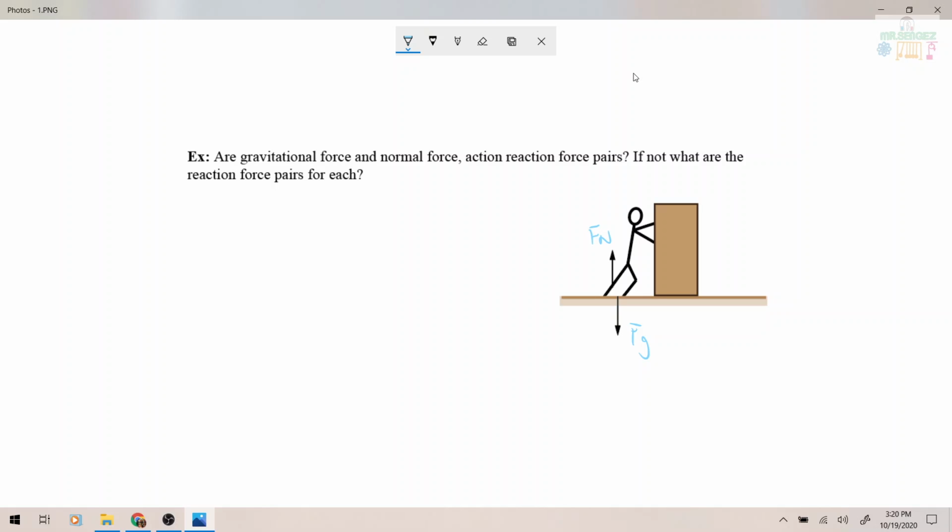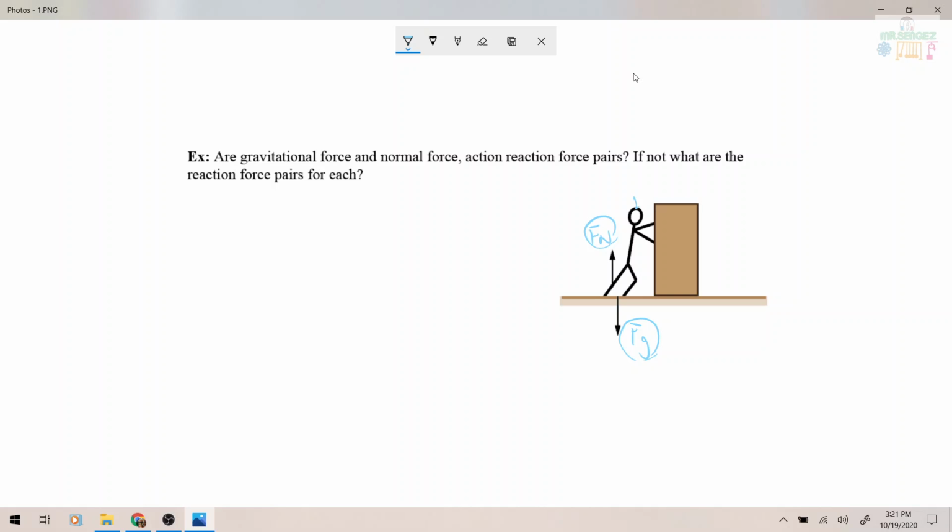We can say that they are not, because force pairs do not act on the same object. In this scenario, the normal force is acting on the person and gravity is also acting on the person, but the rule says action-reaction pairs must act on two different objects. Since they both act on the same object, we can't say they are action-reaction pairs.